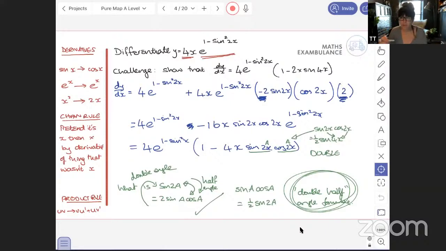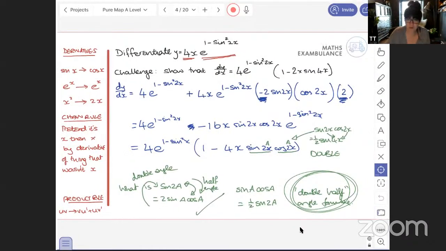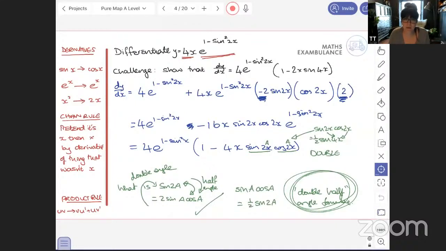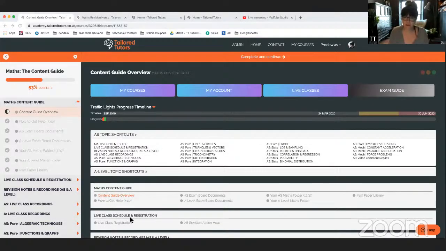2, if you're being set homework by your school, what I would strongly suggest is that you do this. Let me just quickly show you, and then we'll go back into the thing that I was doing just there with doubly halfy angles. You go into the content guide.